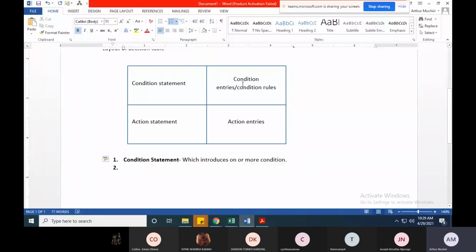These are the entries that complete the condition statement.